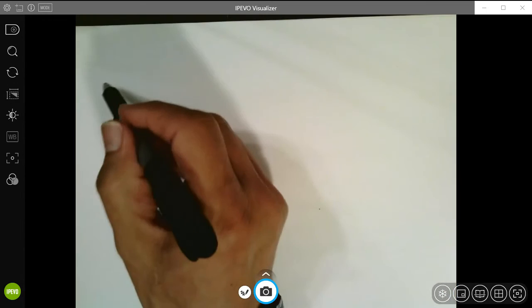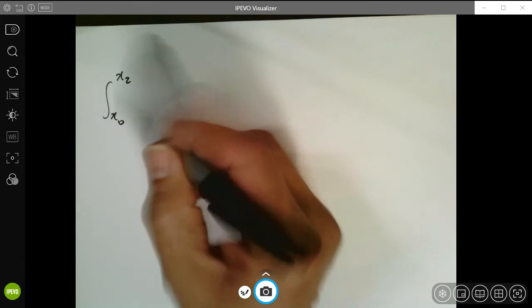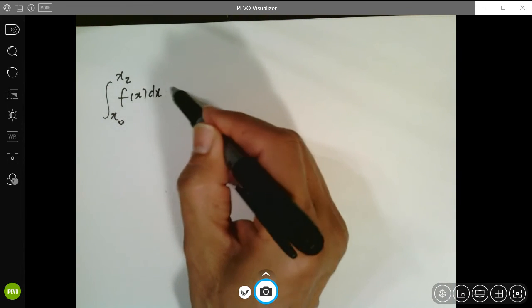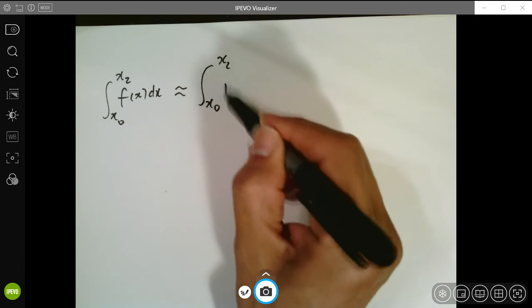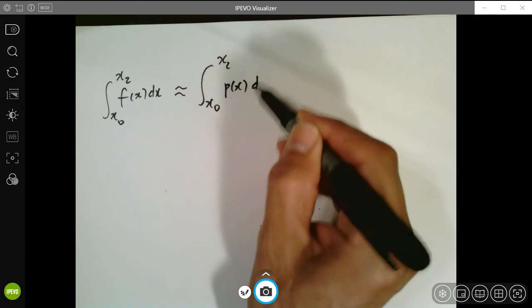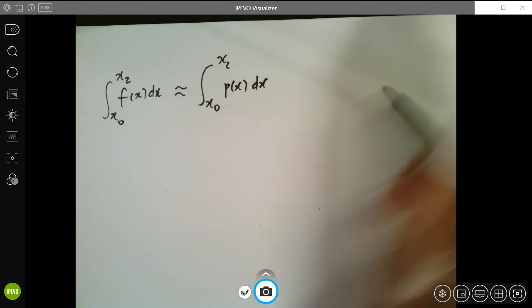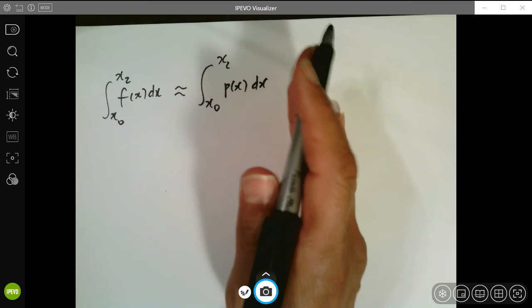So, for instance, if you take from x0 to x2, just imagine, this one is about the integral from x0 to x2 of p of x dx. Now let's say the formula, but n has to be even in this case.